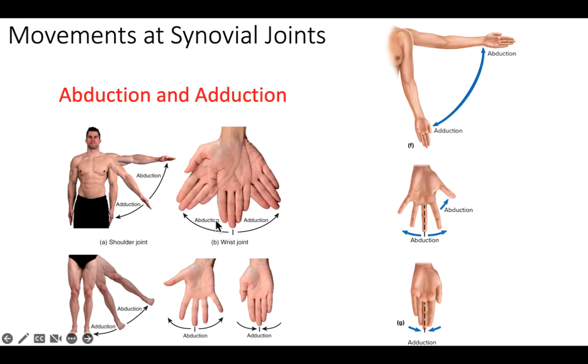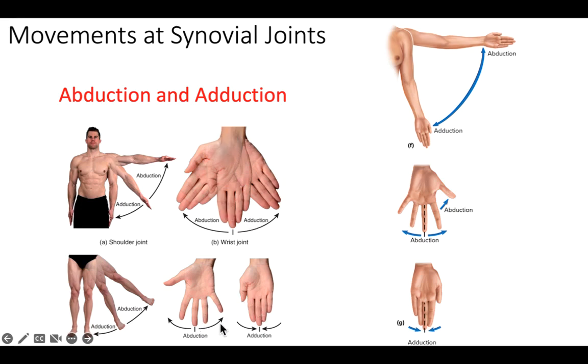You can abduct and adduct your wrist. Remember, if we're looking at this hand here, the thumb is lateral. If you move that wrist that way, you're moving it away from the body. If you're moving that hand this way, you're moving it back in towards the body, so that's adduction. That's at the wrist.